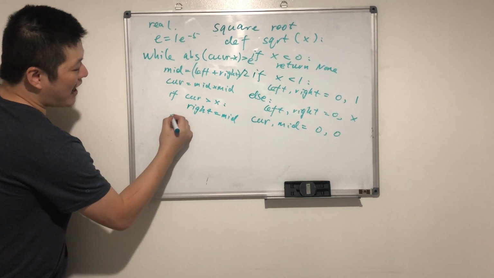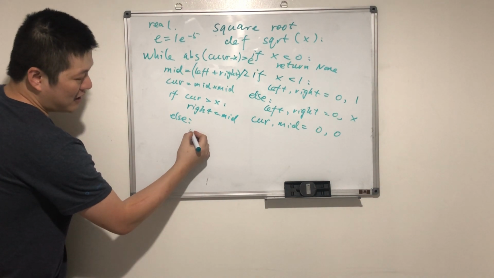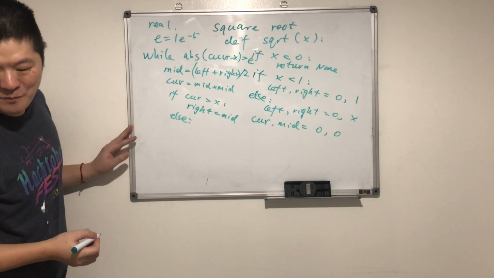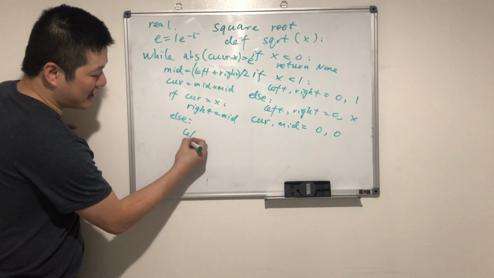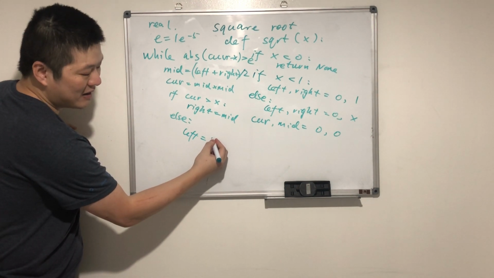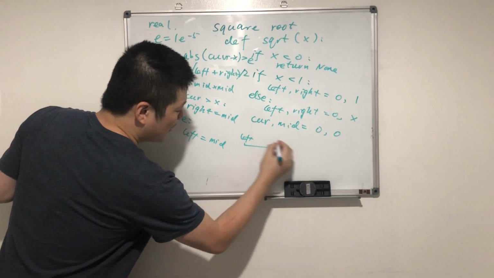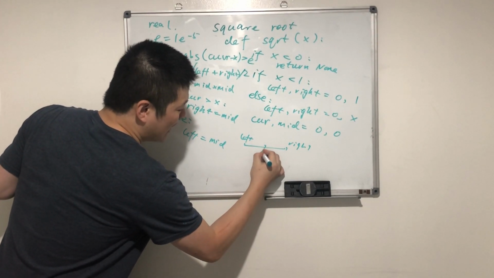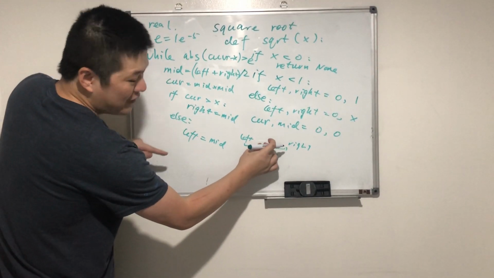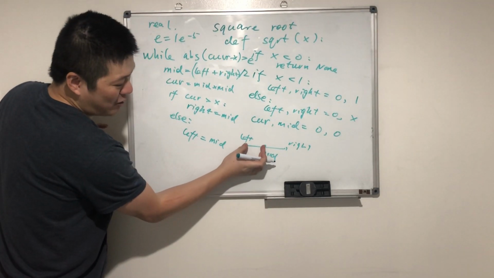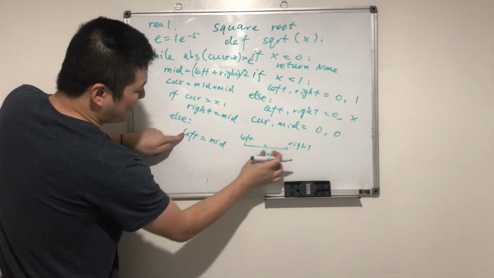If it's smaller than x, it's on the opposite side, so left equals mid. Look, left, right, and that's mid. If current is bigger than x, then the value is not in the upper bound, it's in the lower bound, so we set right equals mid. If it's in the upper bound, then we set left equals mid.